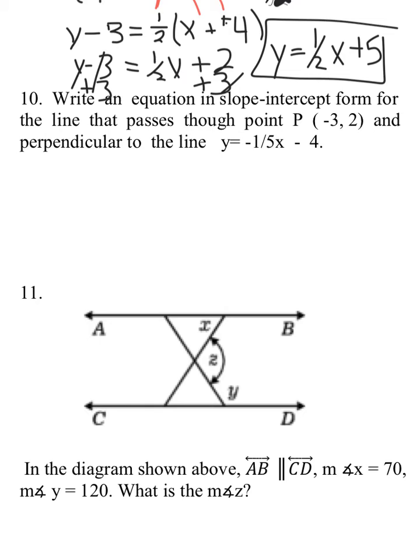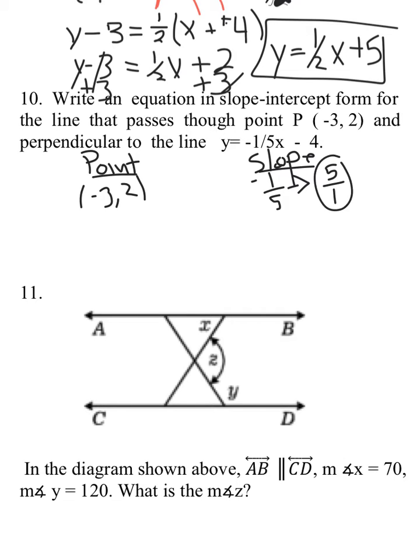Number 10, write an equation in slope-intercept form that passes through the point (-3, 2) and is perpendicular. Okay? Point, slope. Point is at (-3, 2). Now, perpendicular to negative 1 over 5. We're not going to use that slope, but perpendicular would flip it and be positive. So positive 5 over 1.